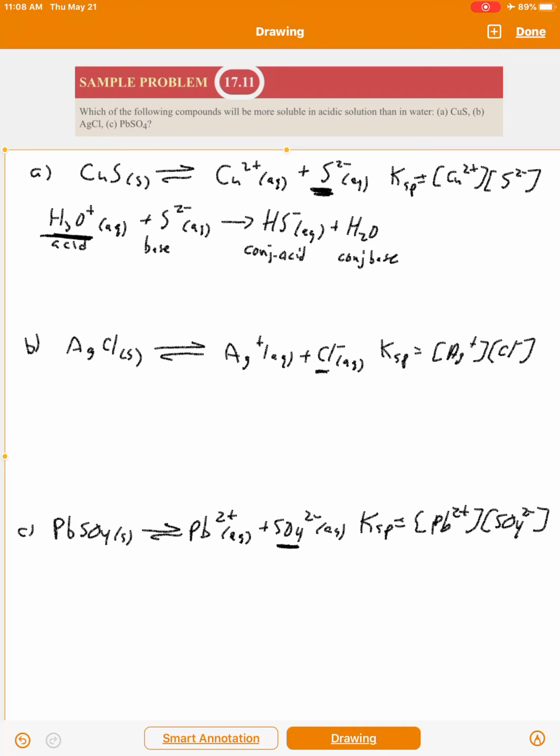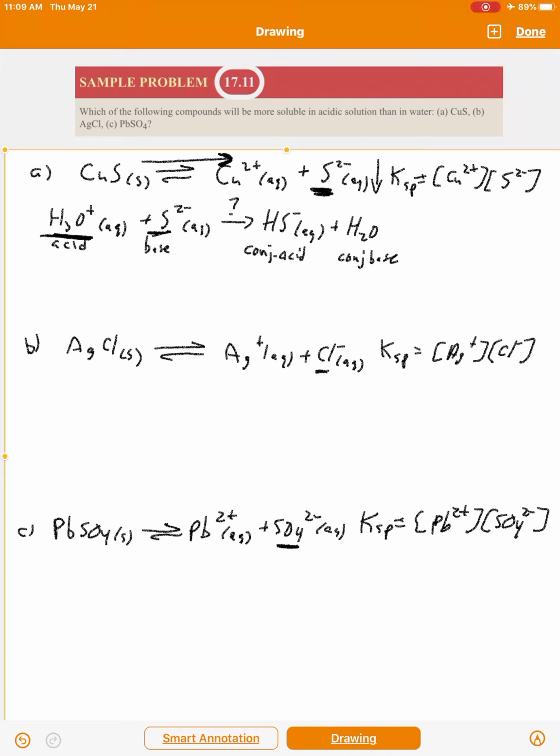If it reacts, the sulfide concentration goes down, and according to Le Chatelier's principle, the reaction will shift to the right, producing more products, thereby increasing the solubility. More of the copper sulfide will dissolve if you take S2 minus out of the solution.